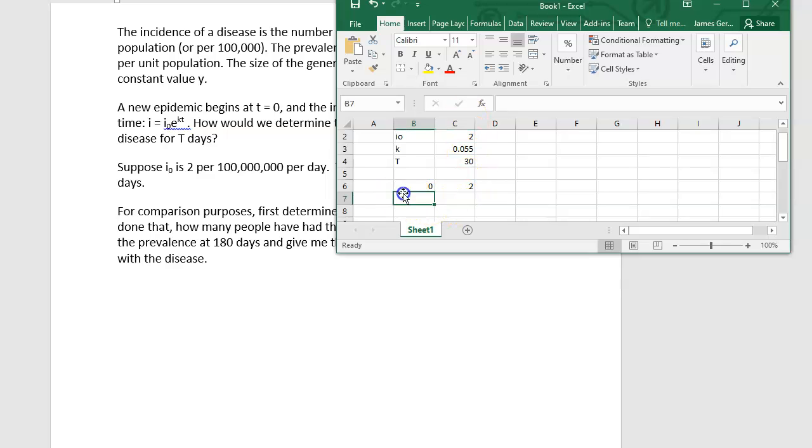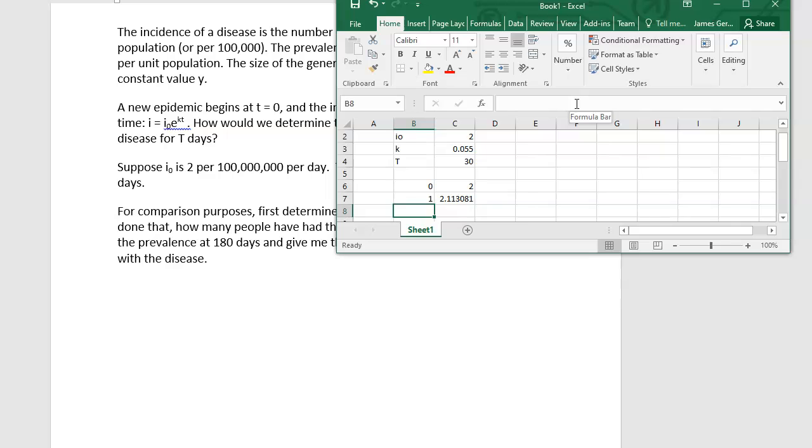On day 1, what happens on day 1? How many people get it on day 1? All right, day 1, right?